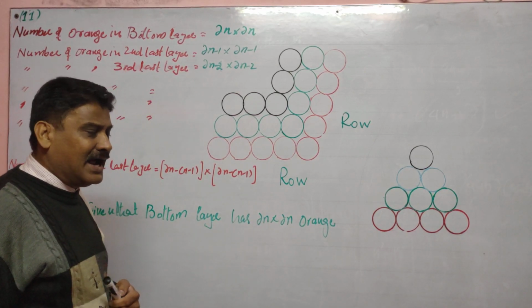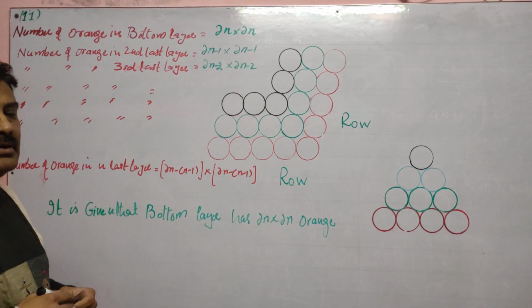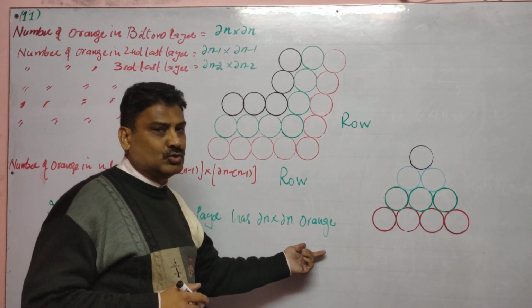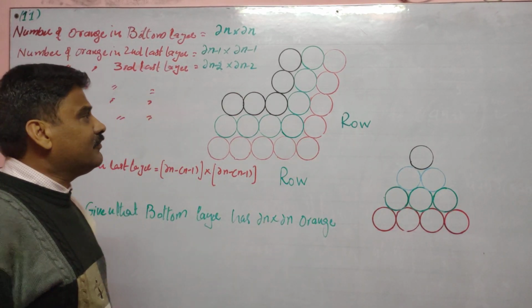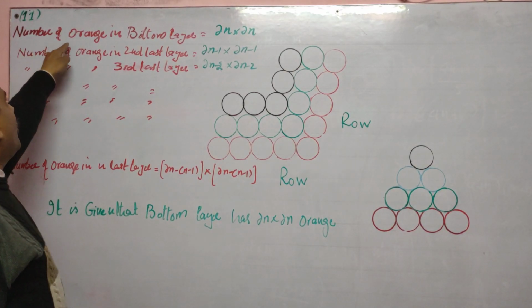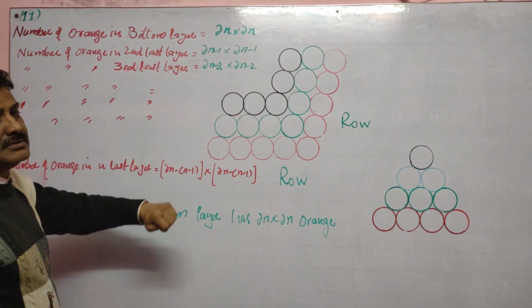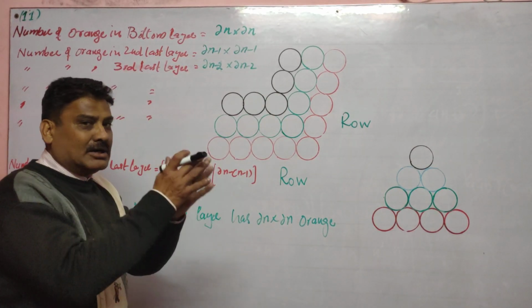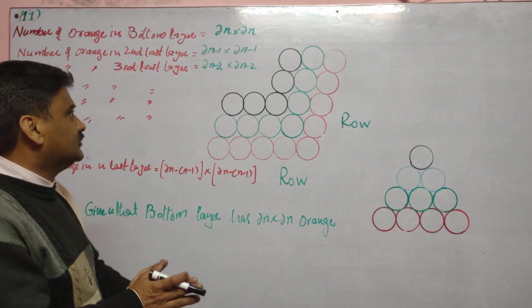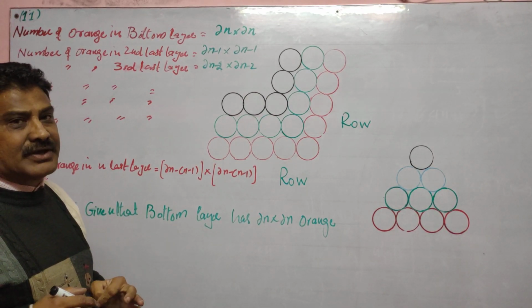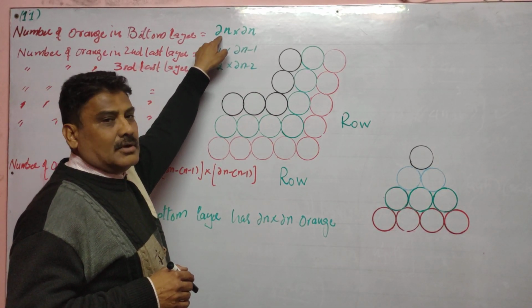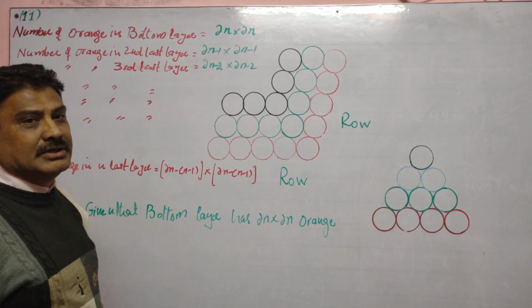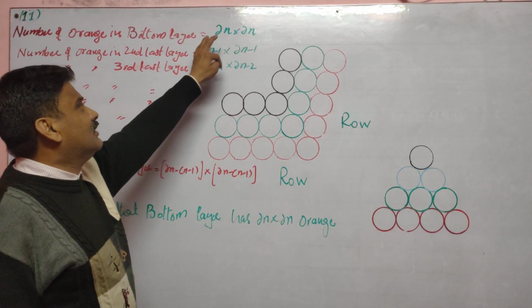And also it is given that the number of oranges in the bottom layer is 2n multiply 2n, because the bottom layer is in the form of a square. Each side of the square contains 2n oranges. Hence, the total number of oranges in the bottom layer will be 2n multiply 2n.